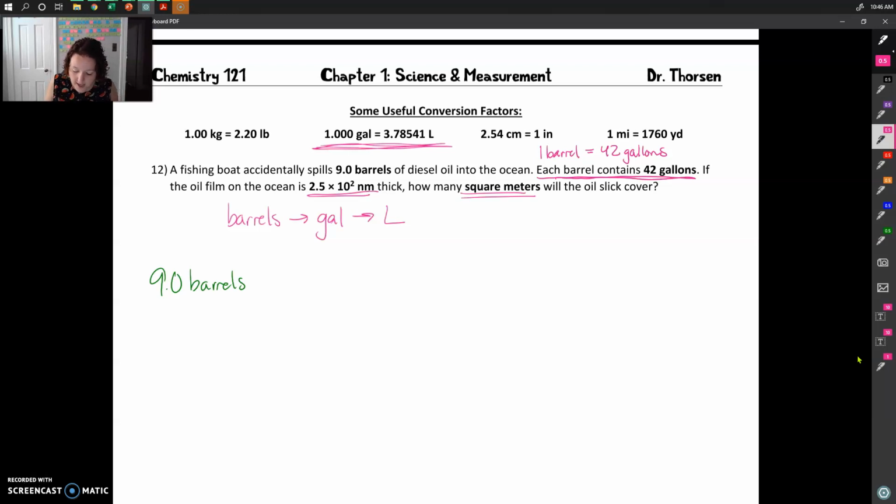Now, liters is a volume unit that is a standard unit, but we can also express volume as a derived unit in terms of length cubed, right? And that's where we're headed with this problem. If we're trying to get to nanometers cubed for our volume, then we need to go from the standard unit of volume, which is liters, into a derived unit in terms of length.